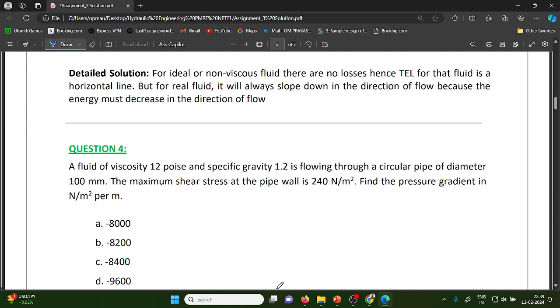Find the pressure gradient in Newton per meter square per meter. So this is also important. Please try to solve this question.